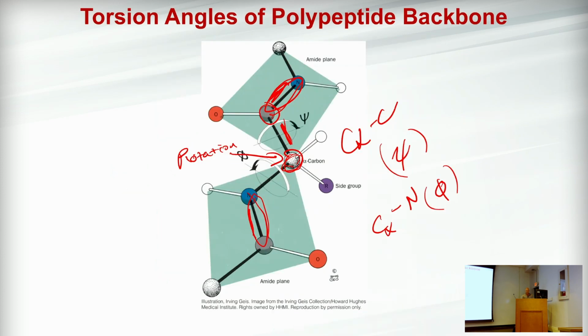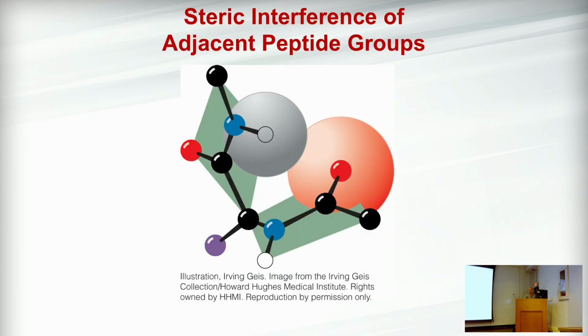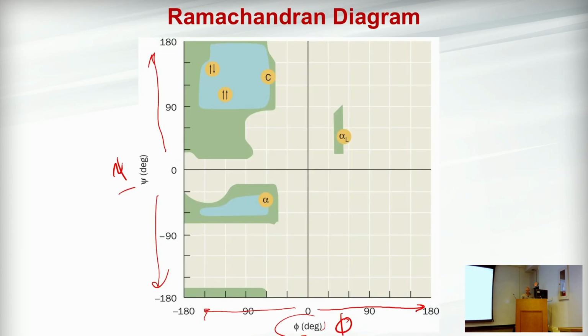That's basically referring to the fact that starting from planar, that's 0. And so you can rotate one to 180 degrees or to minus 180 degrees, and you can rotate the other to 180 degrees or to minus 180 degrees, okay? So if you plot where you can fit these things, there's really only 3 relatively small areas that work.